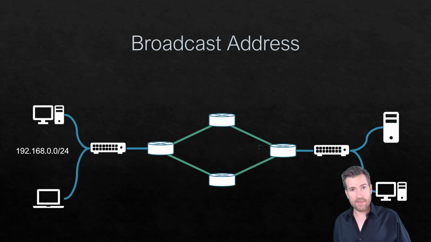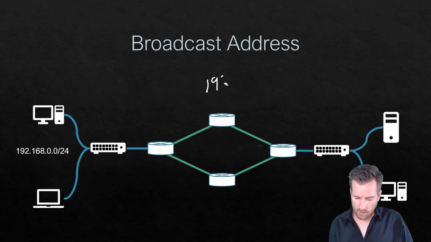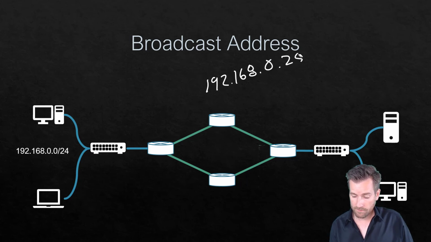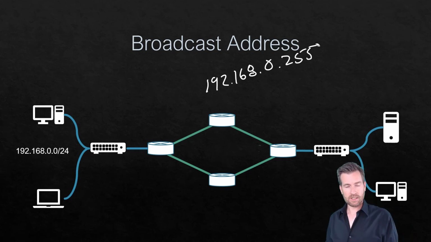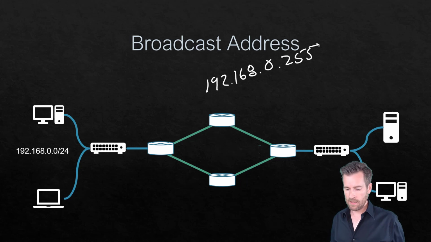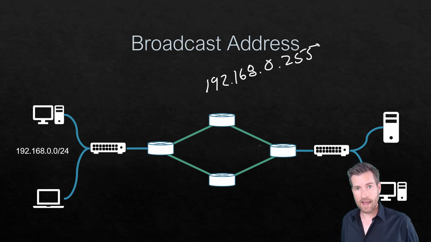Now, we already said that a 192.168.0.255, if we're dealing with a classful address here and we have not done any subnetting, that represents the broadcast address.